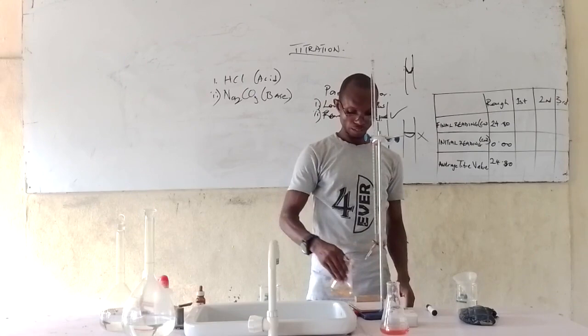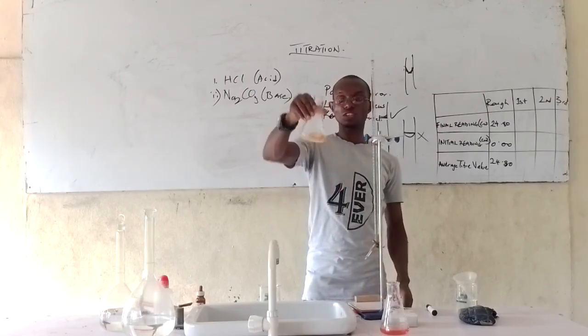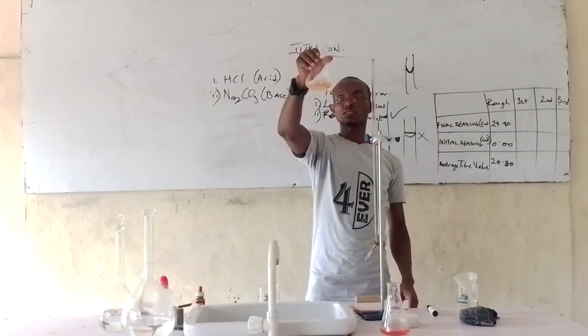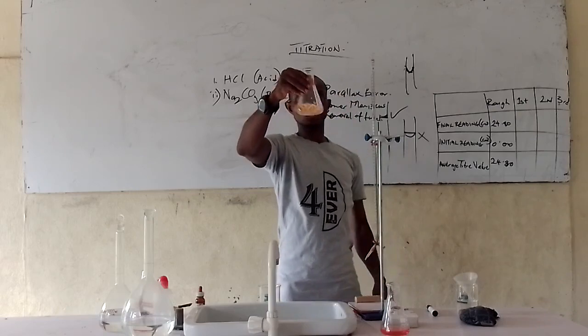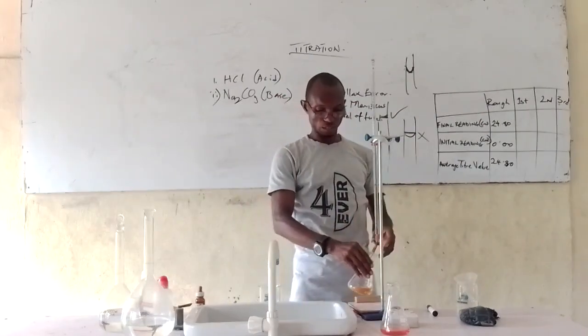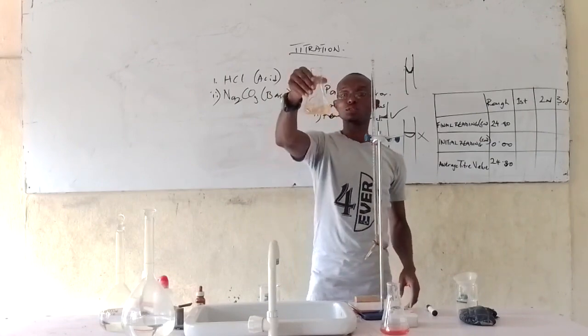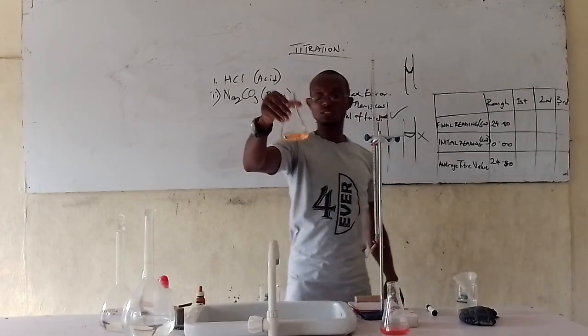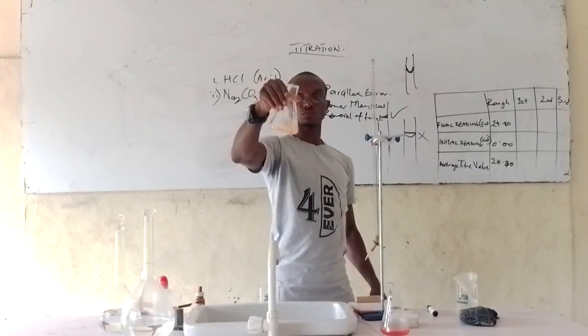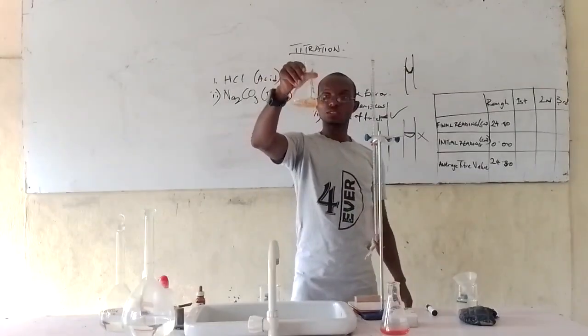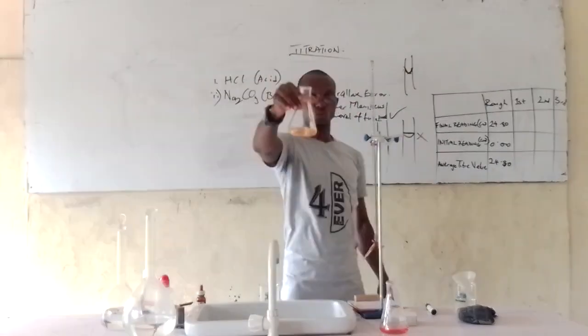Alright, so this is the color change out of yellow. It's giving us the color change that we require, but for the sake of clarity, let us just dispense. Okay, so this is where we are actually going to. You can see it now. It is no longer the yellow color that it was.